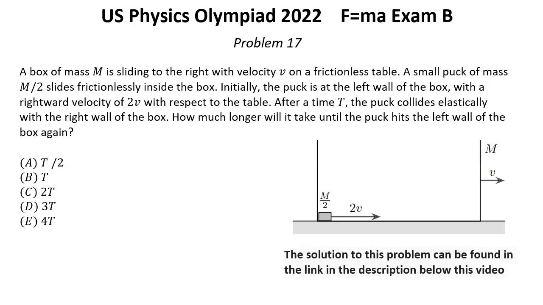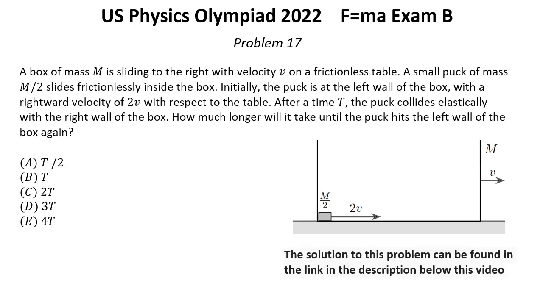Initially, the puck is at the left wall of the block with a rightward velocity of 2v with respect to the table. After time t, the puck collides elastically with the right wall of the box. How much longer will it take until the puck hits the left wall of the box again?